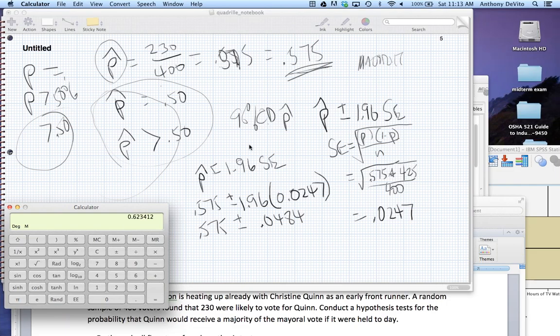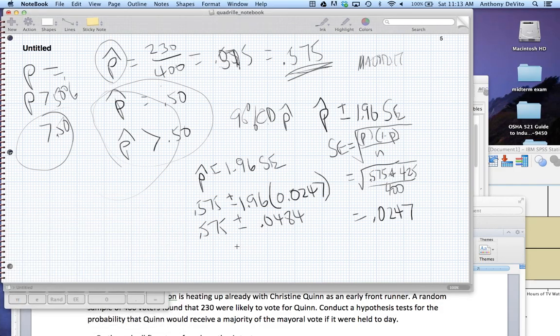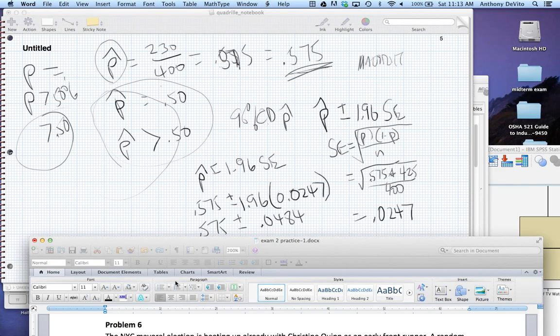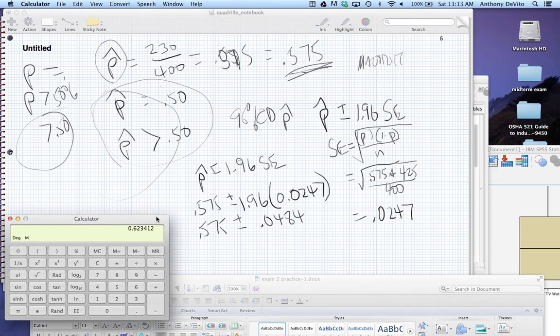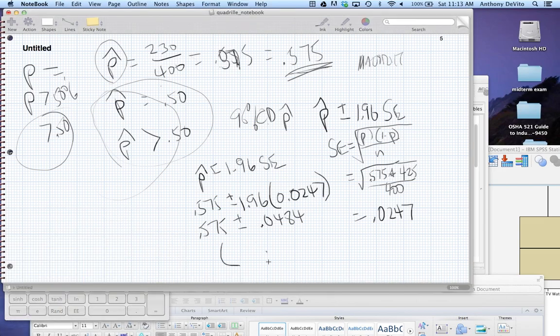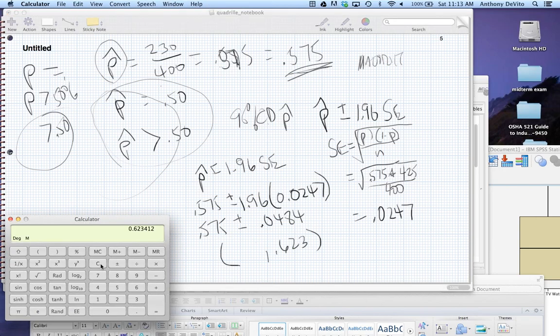I'm not sure how. So if I'm right, the upper range was 0.623. And the lower range, how did I get a, yeah, I got a negative. I don't know how I did that, but that's okay. Doesn't matter. I'll just put a negative in this time.